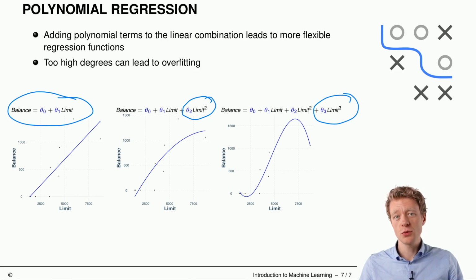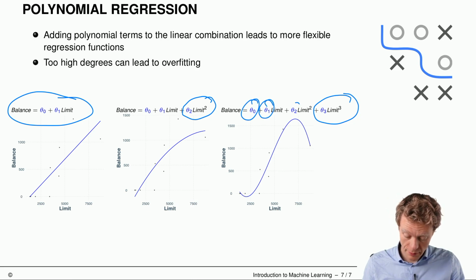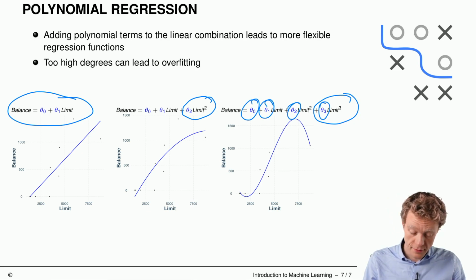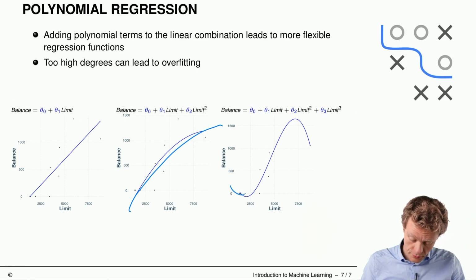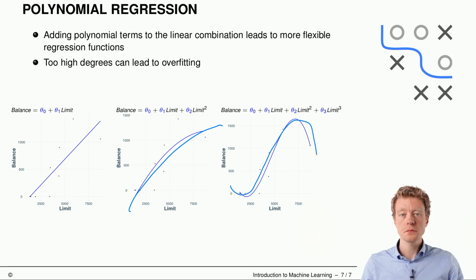This leads to a still linear model, linear in the parameters, but it's no longer linear in the features, which means that we have a parabolic function or a cubic function here. Of course, this is nice, because if the true data generating process is not linear, then we want to be more flexible to really catch that true data generating process. So that's a pro in favor of polynomial regression.